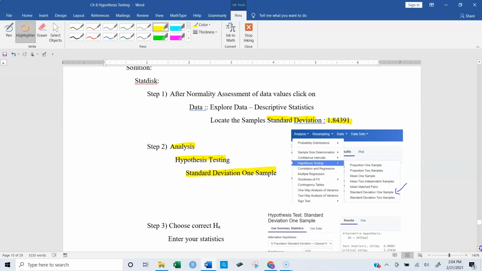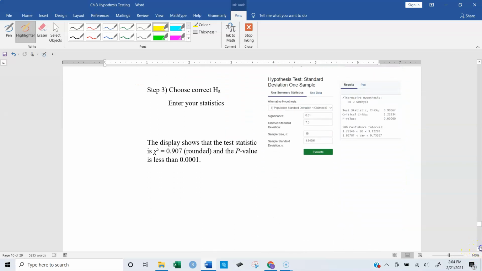We've already got our data checked in, and I hope you've written it all down. So we need to enter our stats. First, let's check and see if we remember. Our null hypothesis was that the standard deviation was equal to 7.5, if I remember correctly.